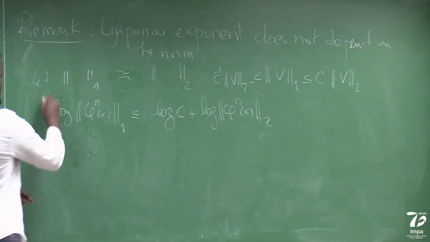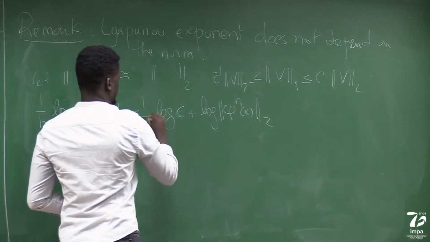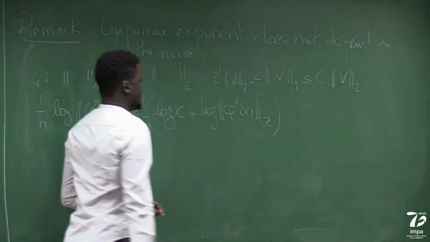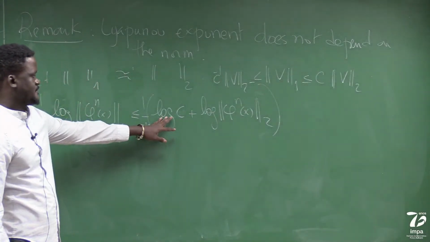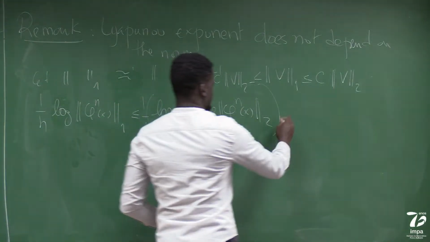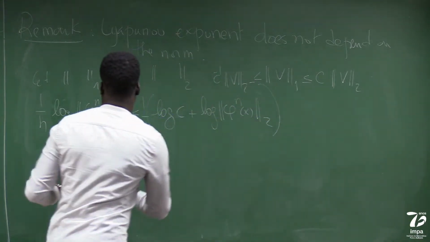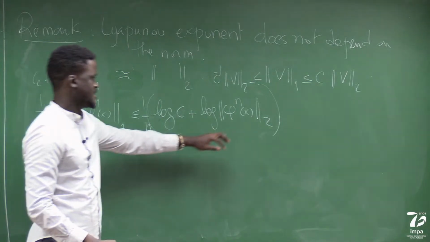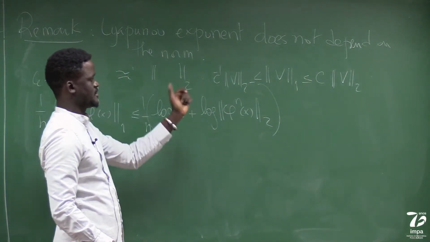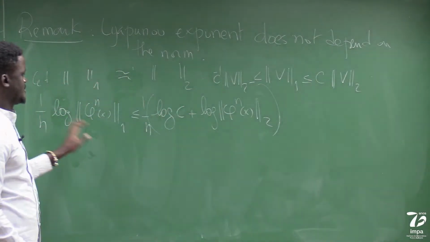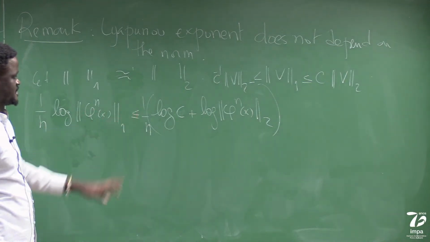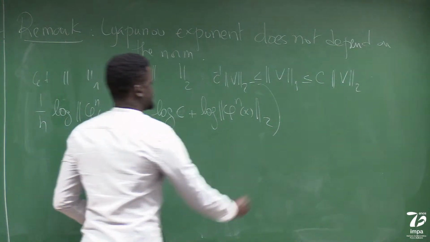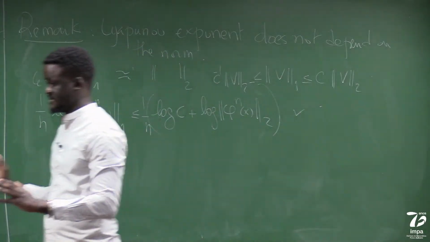So if you divide by n, the first term goes to 0. And the other will converge, so you will have that the Lyapunov exponent with respect to norm 1 is less than the Lyapunov exponent with respect to norm 2, and you can do the same, reversing the roles of 1 and 2, to reverse this inequality. That's what I'm saying here.